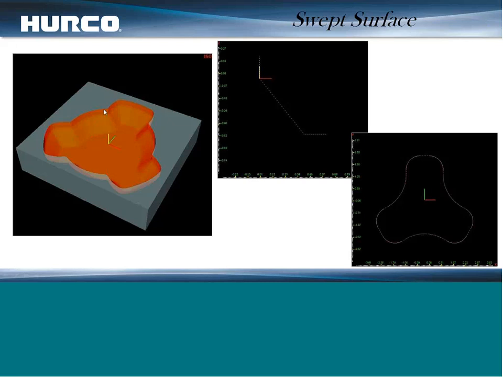So you can see in the part here, we're basically taking this profile contour and we're sweeping it around or along the along contour to get this 3D surface. So for every swept surface block, you will have 2 contours.